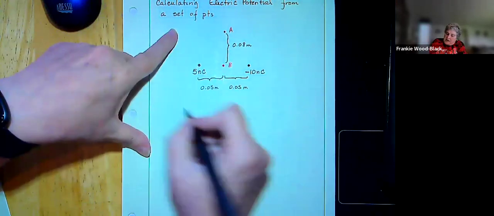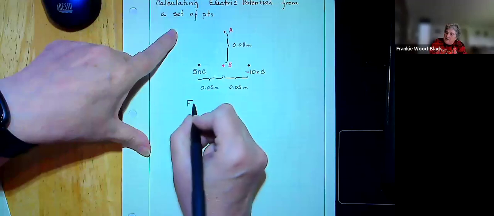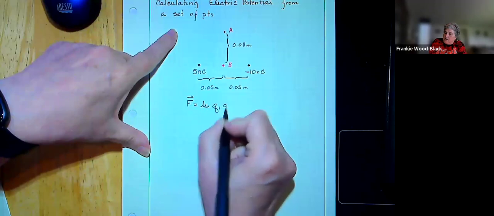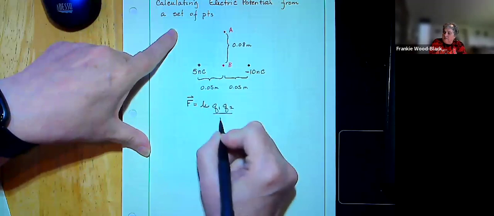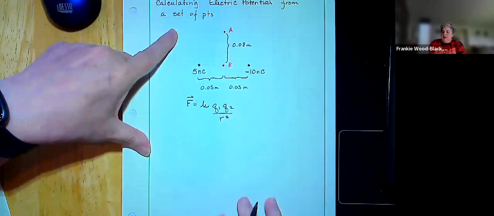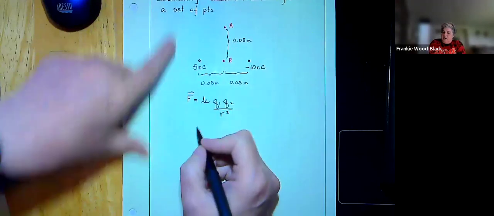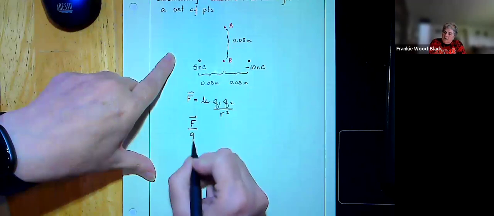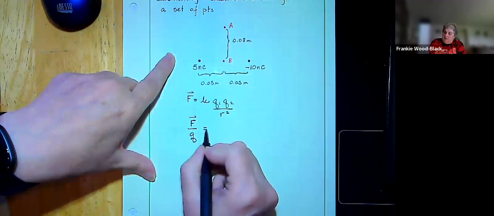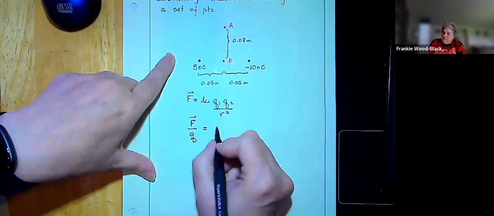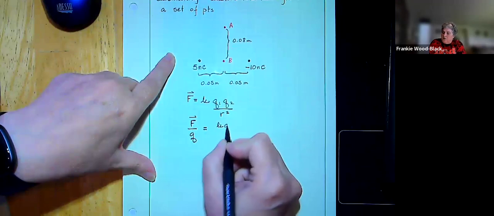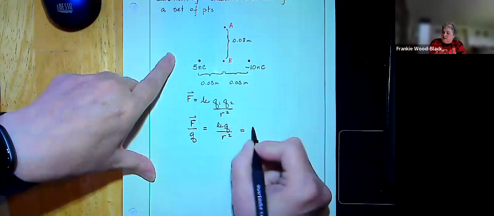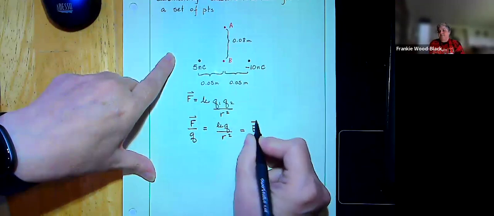So just to remind everybody, we started out with Coulomb's law, and that's K Q1 Q2 over R squared. Then we said, well, I could do F divided by Q, and one of those charges, and I'd get K Q over R squared, and we define that as an electric field.